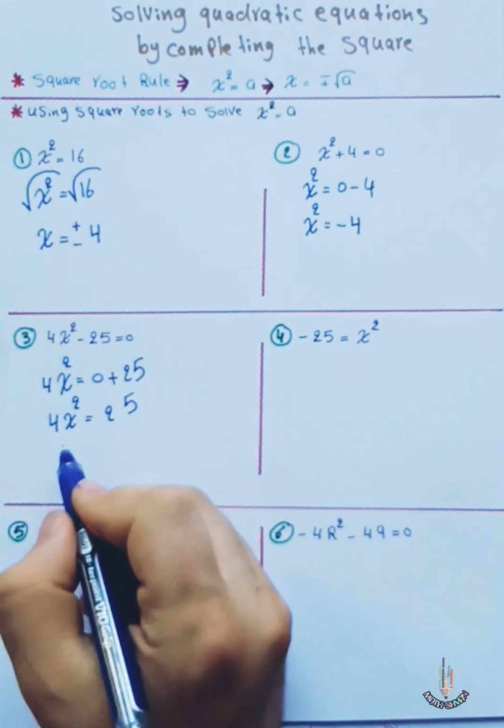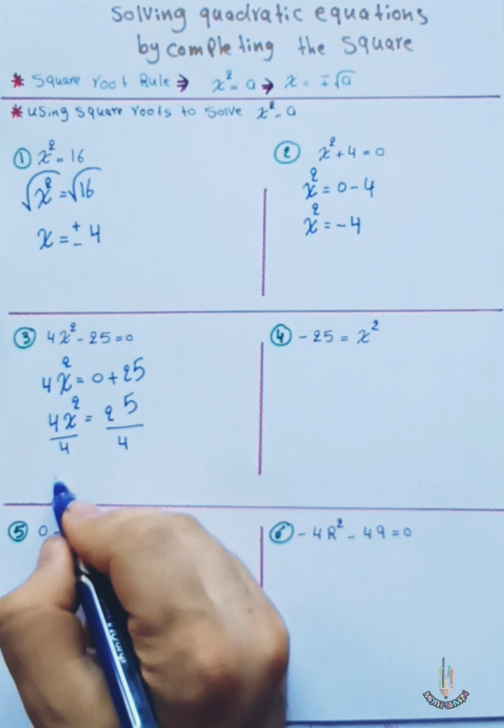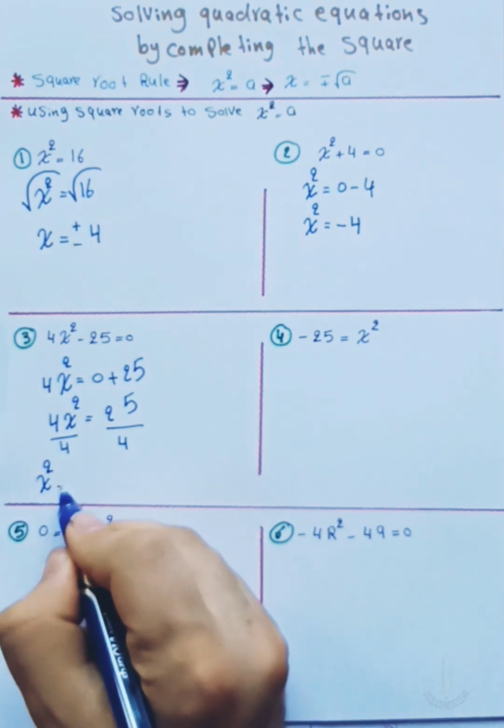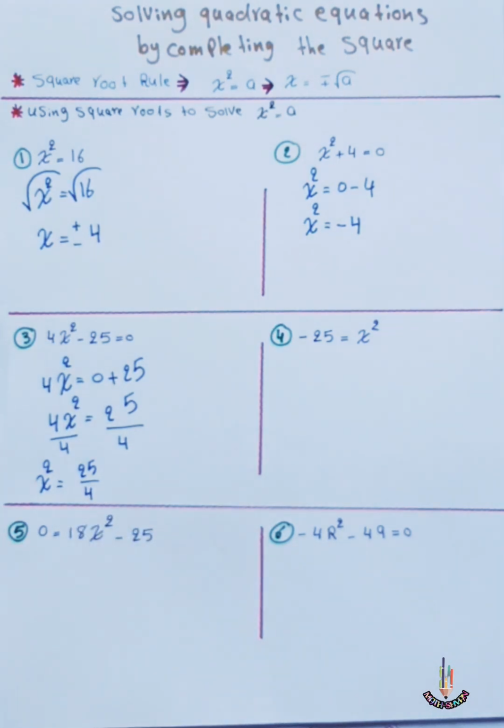After that, we have to divide both sides by 4 to get rid of this 4. So x squared equal to 25 over 4, and then you have to take the square root of both sides.